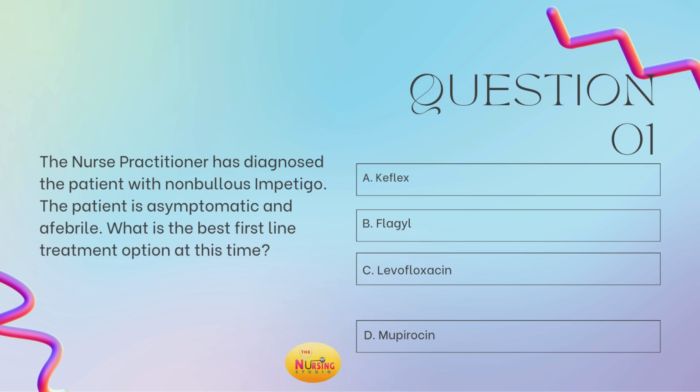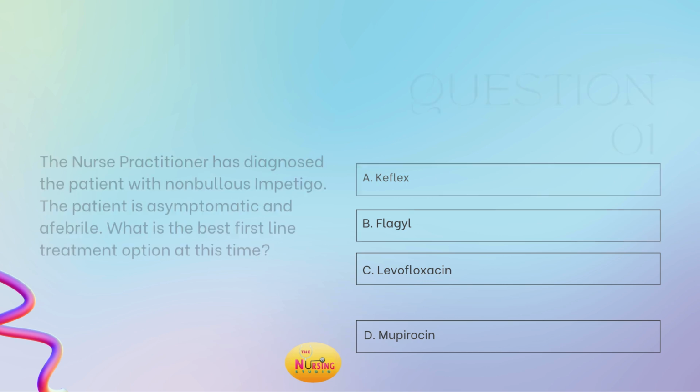They're asymptomatic. They're afebrile. All right. So how do we treat impetigo in those situations? Your best answer is D, mupirocin, which is your Bactroban. You want to do that topical ointment, a topical antibiotic ointment, because it's non-bullous, and also they're afebrile. They're asymptomatic, right?